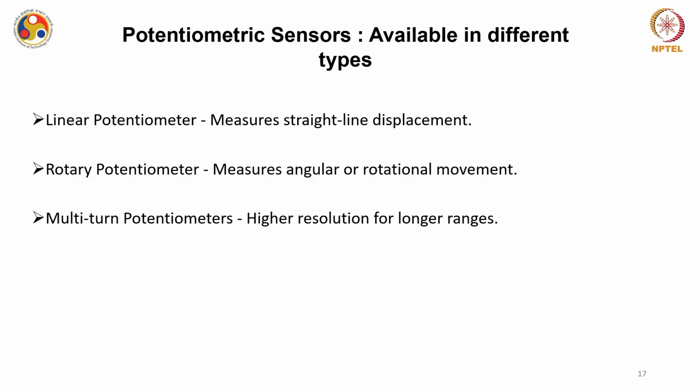Basically these two potentiometers are very popular, the linear potentiometer and the rotary potentiometer, but then a third kind exists, the multi-turn potentiometer, and discussion on it is beyond the scope of this course.